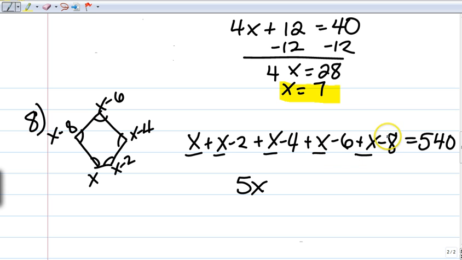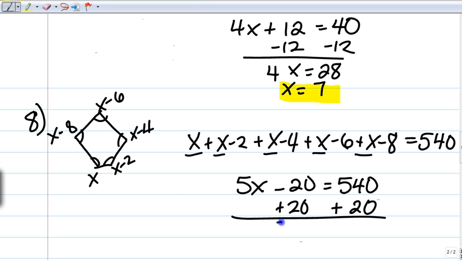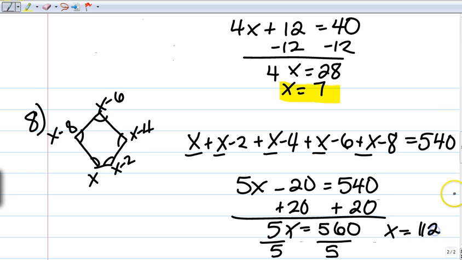And you have 8 and 6 and 4 and 2, which is 20. So we're going to have minus 20 equals 540. Add 20 to the other side. You have 5x equals 560 divided by 5. x equals 112.